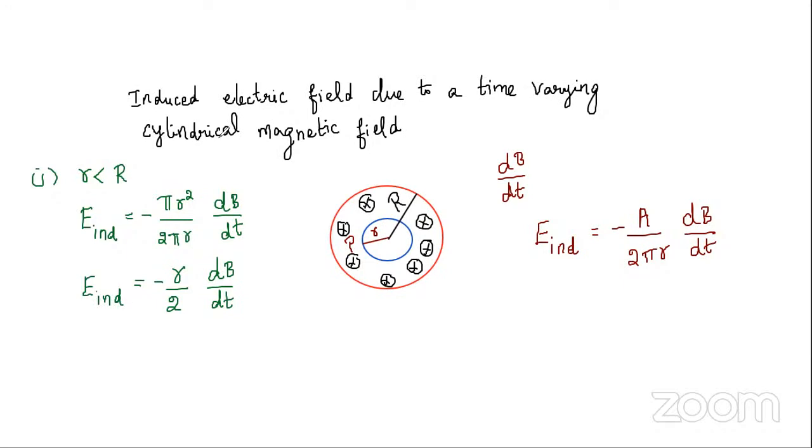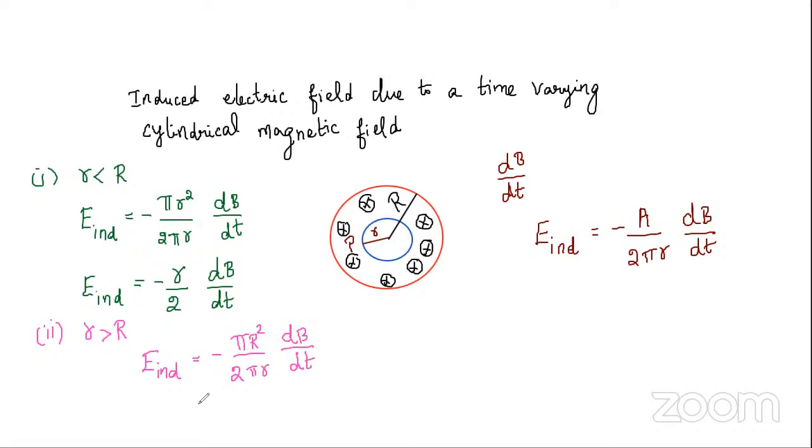And the second case we will be discussing here is small r greater than capital R. So here the induced electric field is given by E induced is equal to minus pi r square divided by 2 pi into small r into dB by dt.